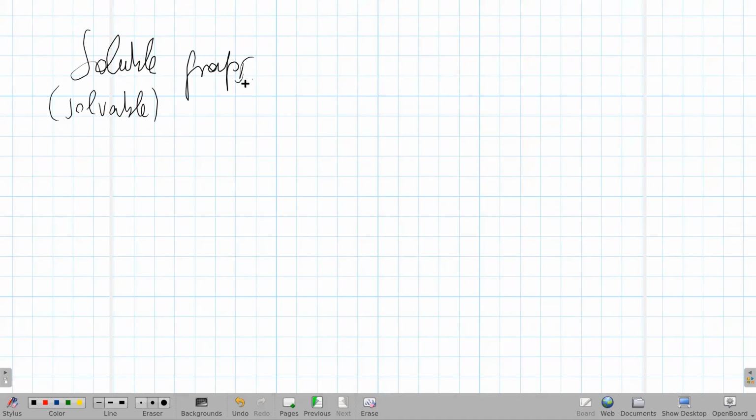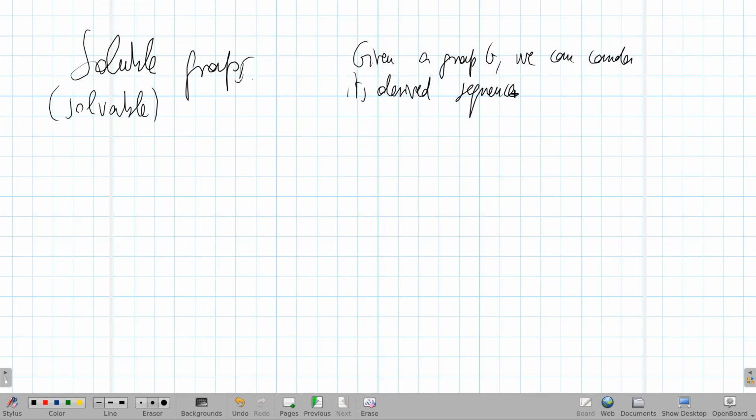Okay, so first of all, given a group G, any group, not necessarily finite, we can consider its derived sequence. Note the choice of word, the sequence. What's this? Well, we start with, oh, there's a mistake in the notes.